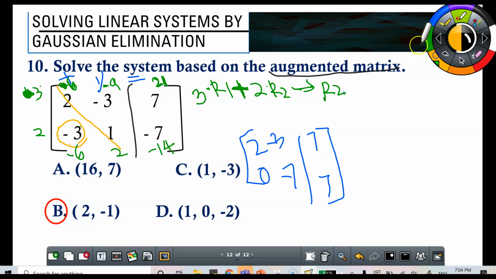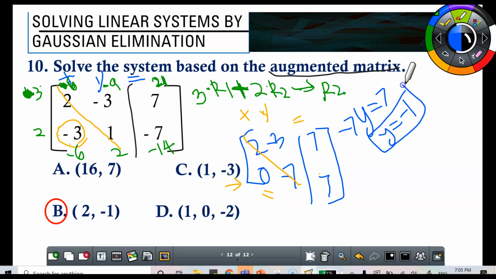And now you see under the diagonal, you have the 0. So now you can solve the equation. First column is your x, second is y. So for the second row, you have negative 7y equals 7. So y equals negative 1.